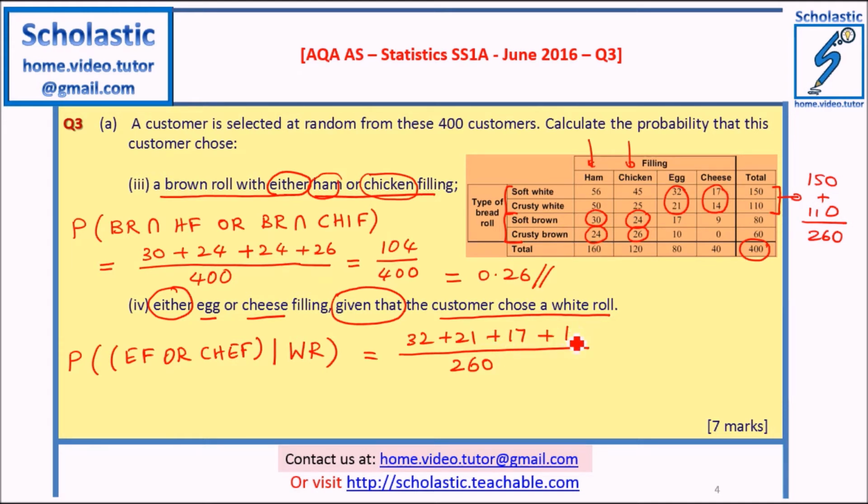You could have written two different probabilities and added them, or you can just add at a stretch, and you get 84 over 260. Please note that it is 260, not 400, because it is given that the roll is white. We are only considering the customers who chose a white roll. Once you simplify this, we get the answer 0.323.